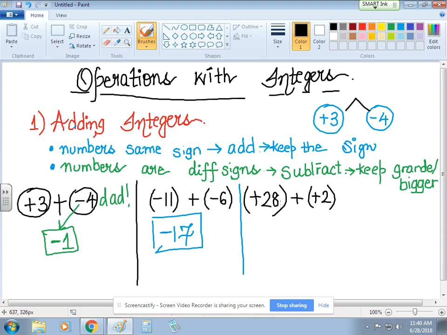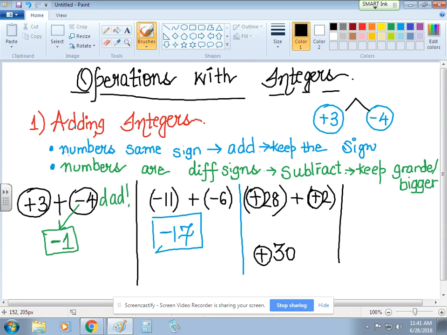I've done this in previous years. Plus 28 plus 2 is plus 30. And that's true. You're correct. It is going to be plus 30. And see, both the signs were the same, so my answer sign is also going to be the same sign as the question. And yes, I add.